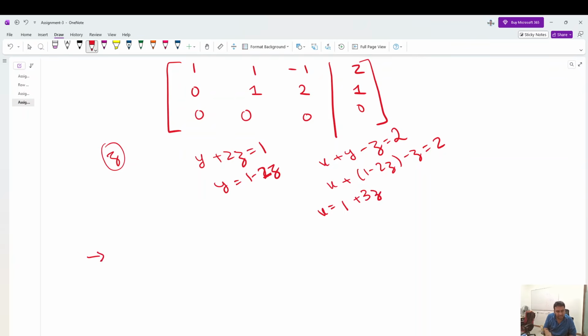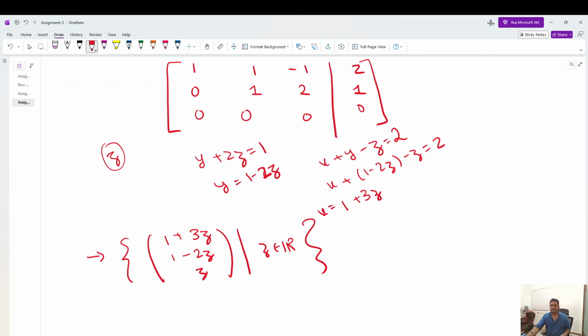So what are the solutions? The set of solutions is this: 1 plus 3z, sorry for bad handwriting, 3z and what else? 1 minus 2z, z, and z is r.